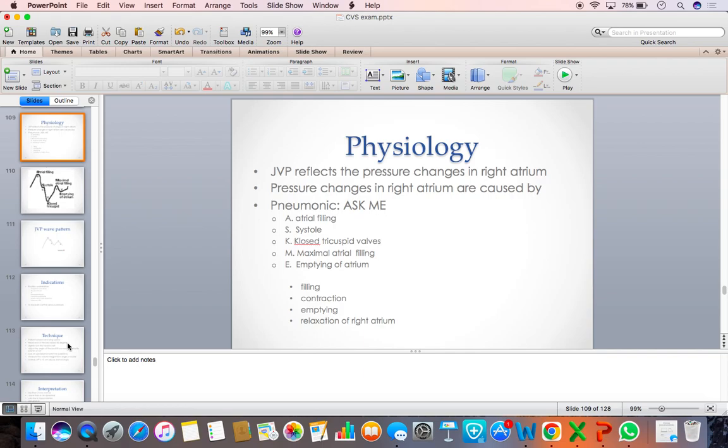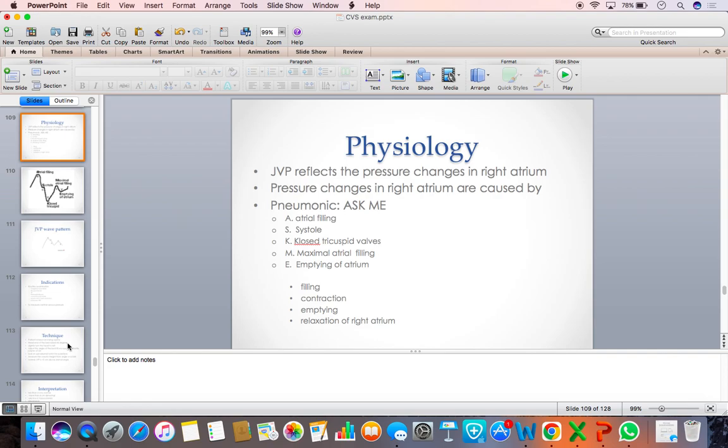Then you will find another positive wave, the V wave. V wave occurs due to the maximal atrial filling, because the atrium is continuously getting filled, and at the peak of the atrial filling, at the point of atrial contraction, you find the A wave. So atrial contraction is followed by atrial diastole.